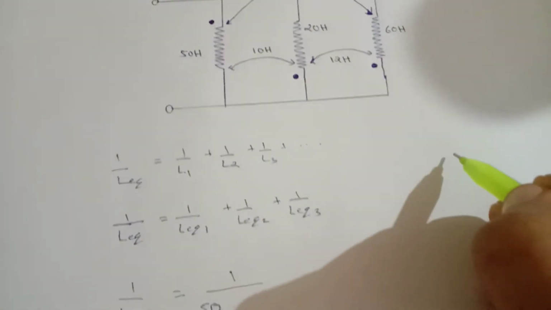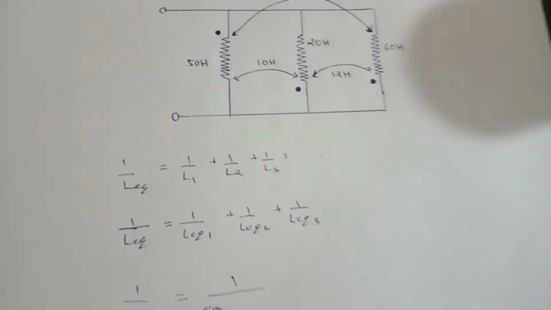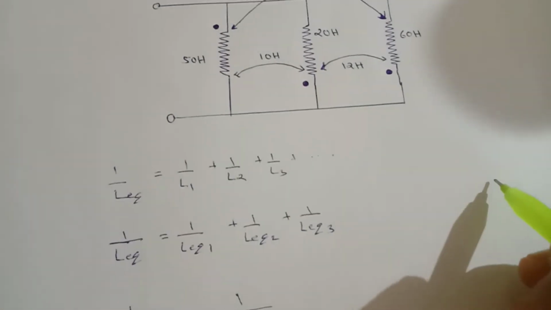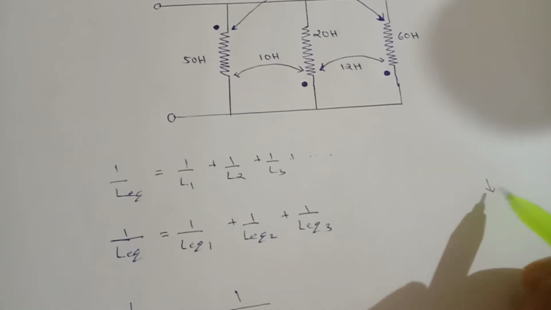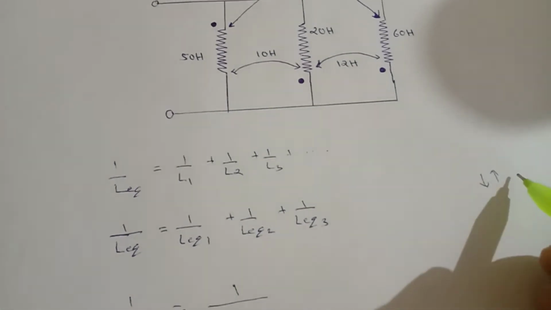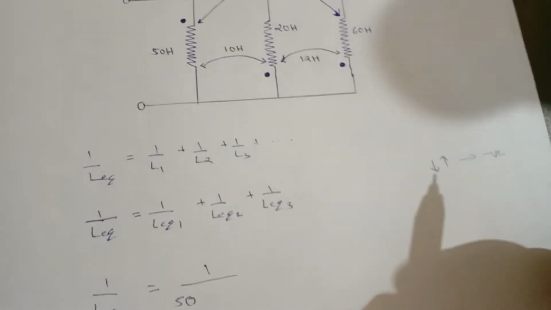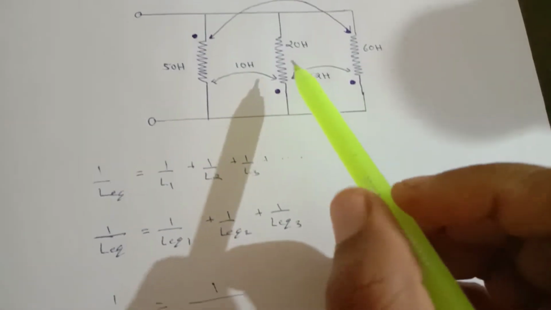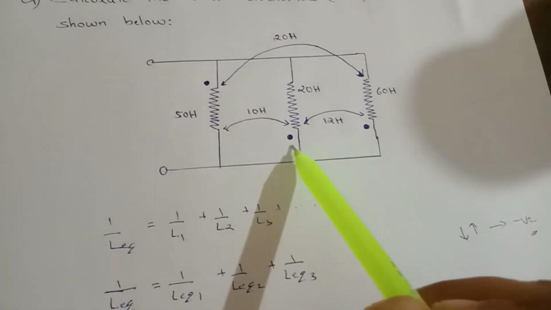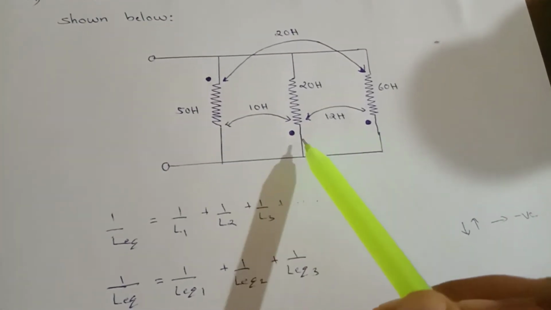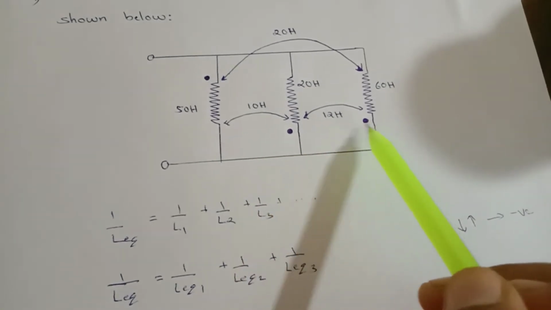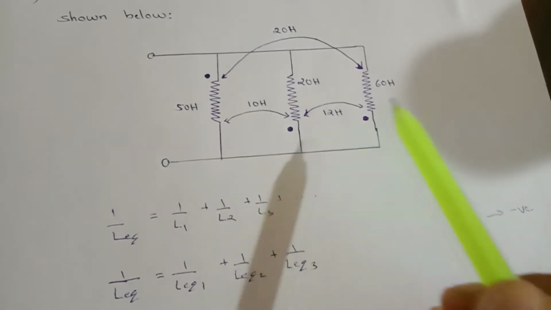So if we have two different signs, that is one current entering and the other leaving, we will consider the sign as negative. If we have the same convention, that is if both branches have current leaving, then we will consider the sign as positive.